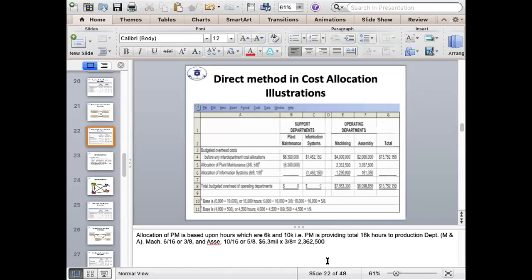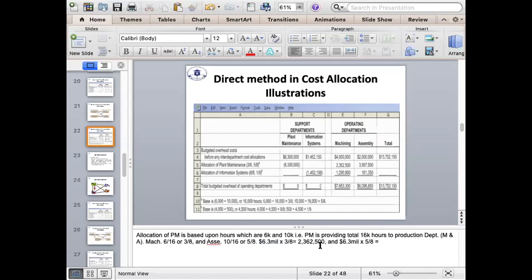Okay. And again, 6.3 million multiplied by, now allocate to this department, which is 5 divided by 8.